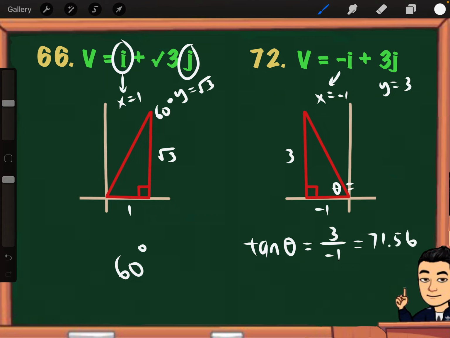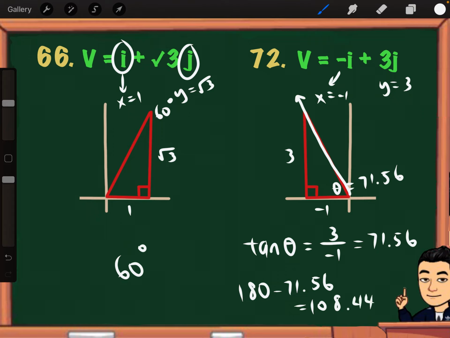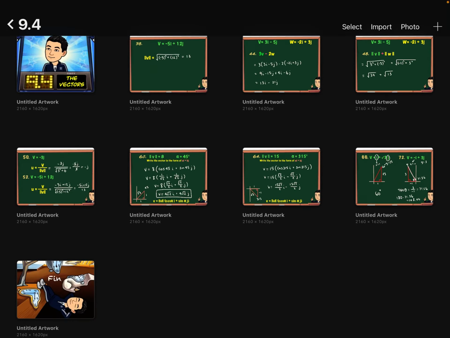You're actually going to get a negative, but understand that the measure is going to be 71.56. So if you want to find the actual measure of the direction of the vector, you're going to have to subtract 71.56 from 180, and your answer is going to be 108.44. So your answer here is going to be 108.44. All right, so that's it. Peace out.